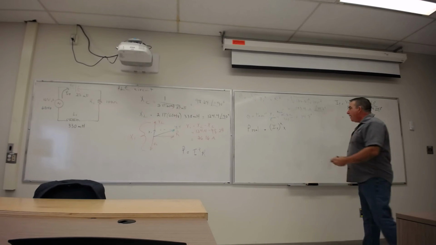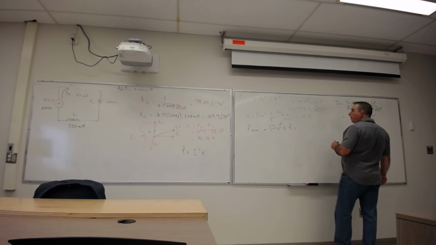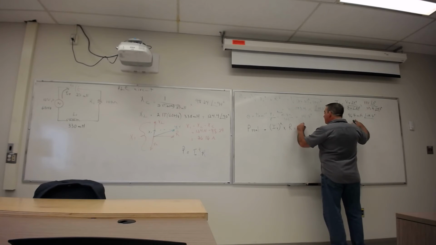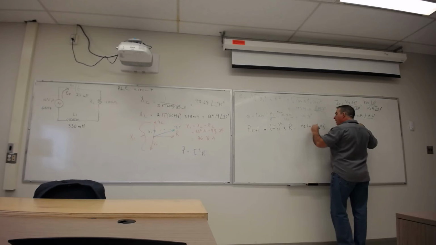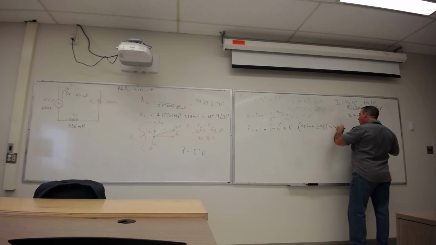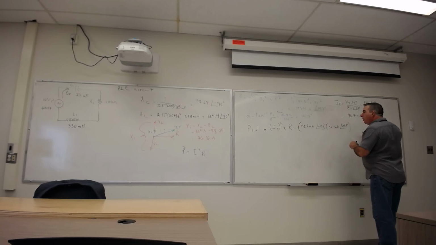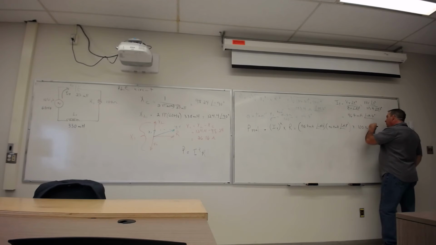So let's take a look at the power on the resistance. I'm going to take a current of 96.7 milliamps at negative 14.7 degrees, squared, so times 96.7 milliamps at an angle of negative 14.7 degrees, and then times 100 ohms at 0 degrees.